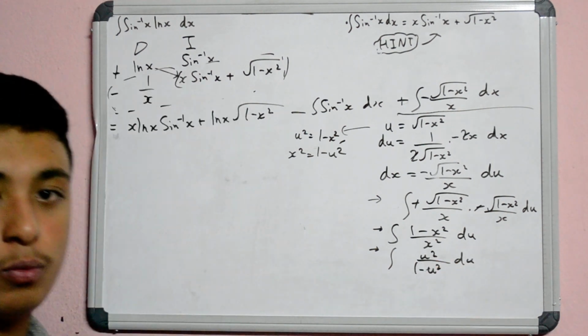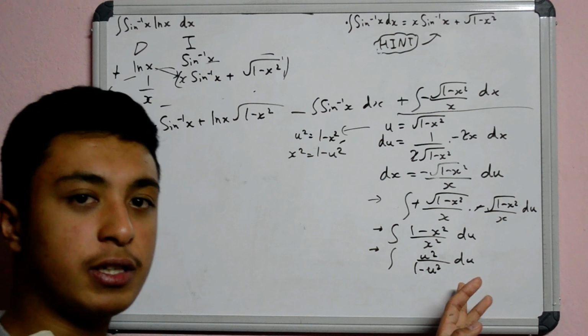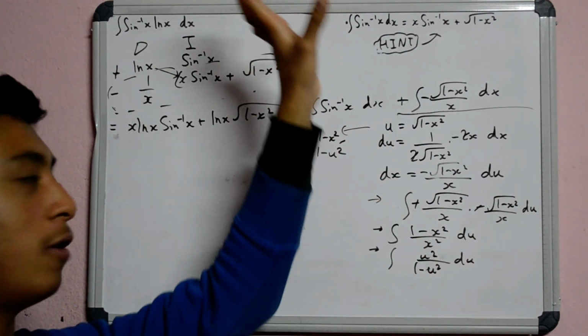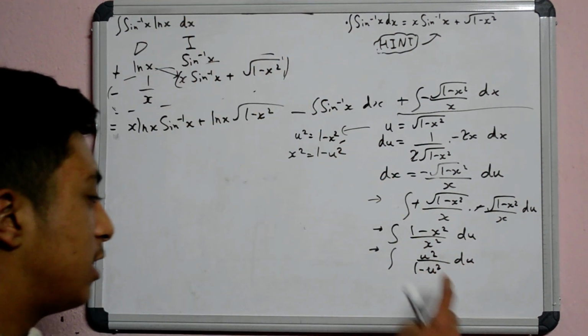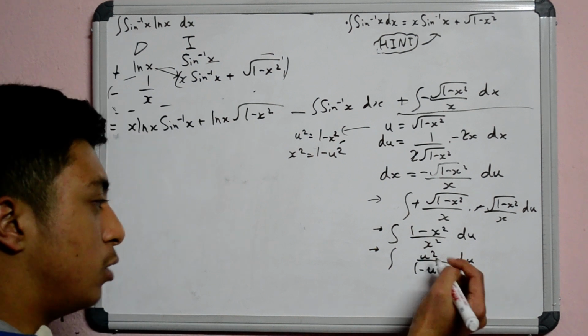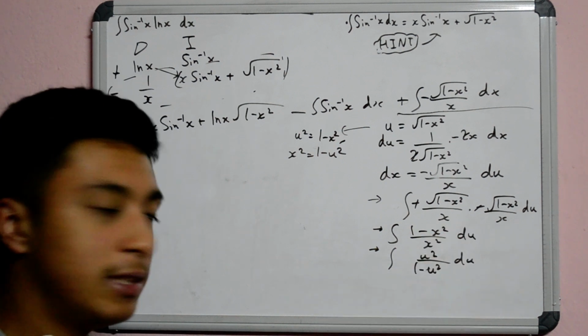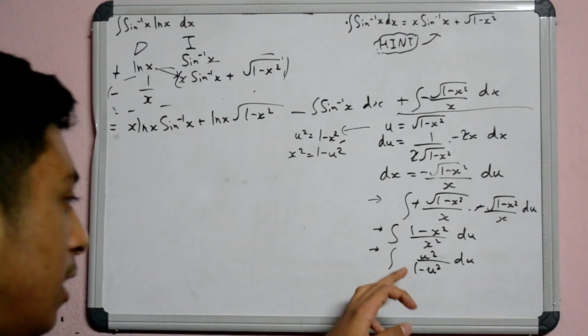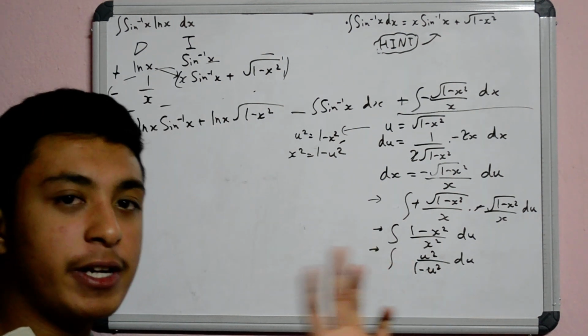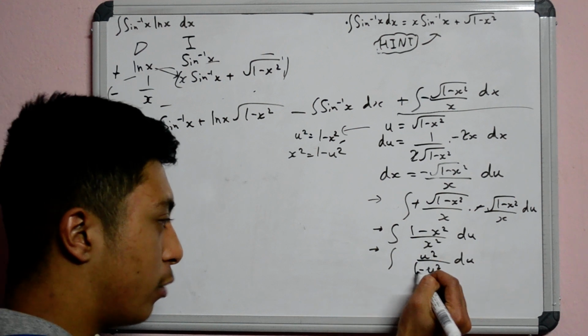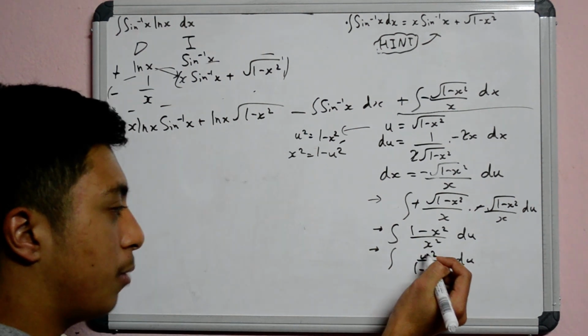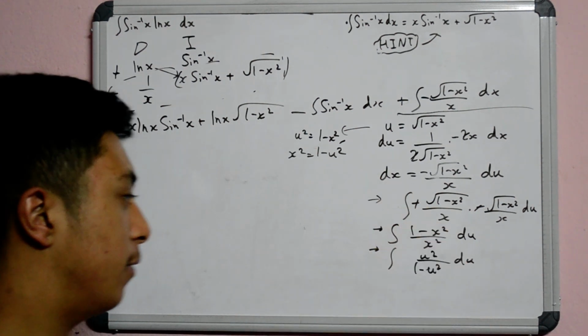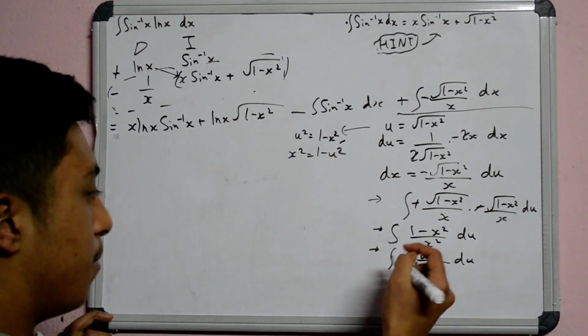Now, if you watched my video on the general method to find the general solution of certain integrals, for these types of integrals what you have to do is minus 1 plus 1 depending on the case, or minus plus a constant, which here we have 1. But be careful, because here we have 1 minus u squared, and on the numerator we have positive. So we have to make it negative.